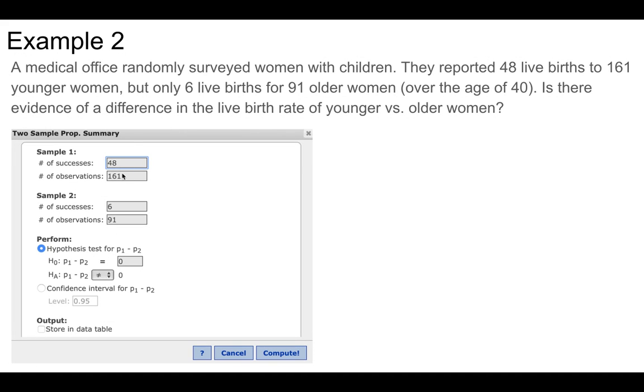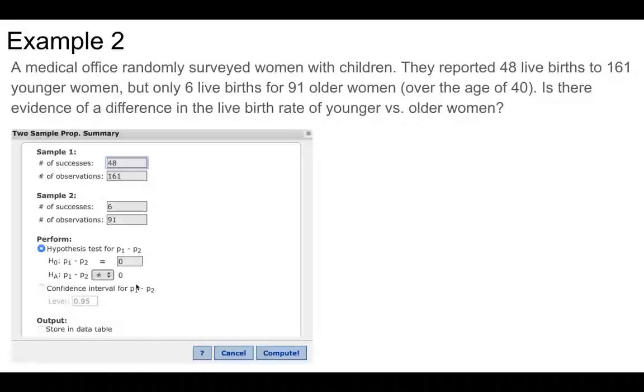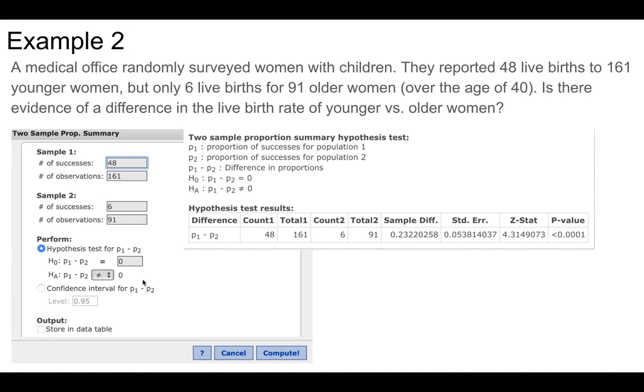And I wanted to do a hypothesis test. Is there evidence of a difference in the live birth rate of younger versus older women? Notice this does not imply less than or greater than. So because it doesn't imply less than or greater than, when I went to hypothesis tests, notice I chose not equal to.